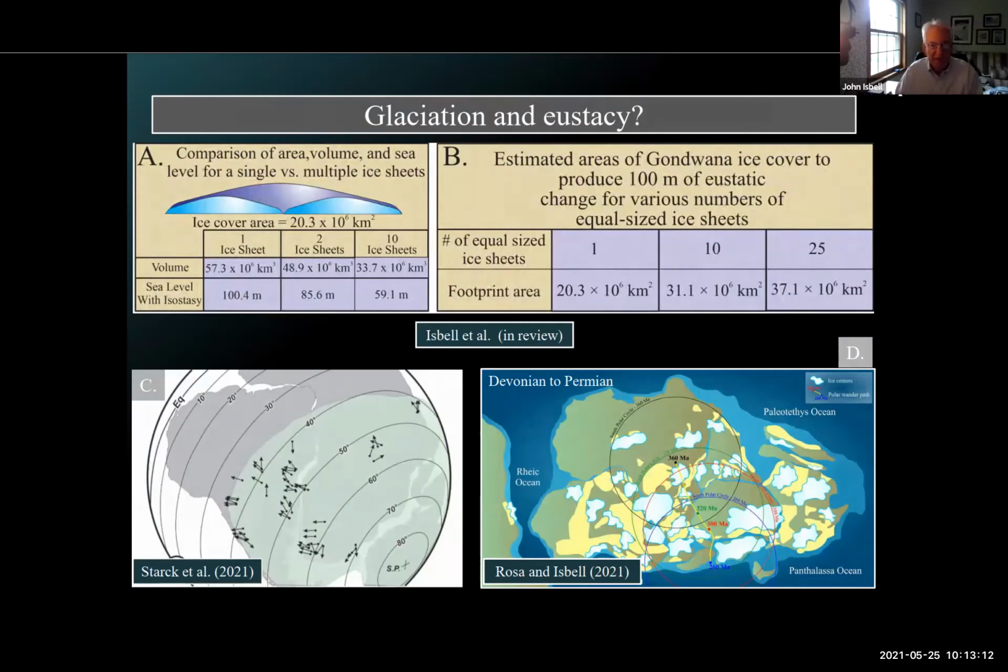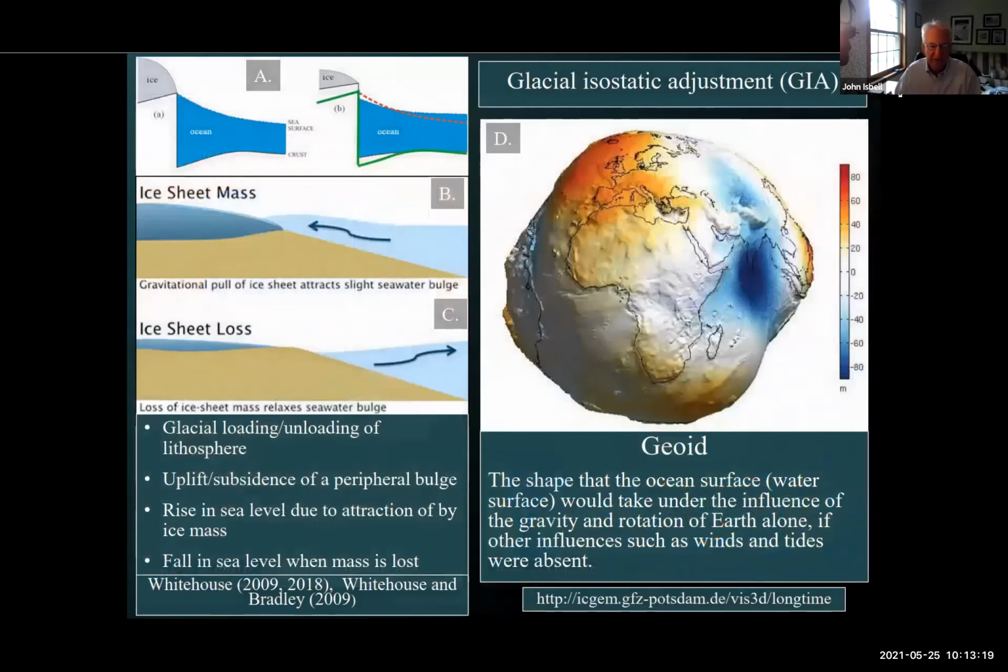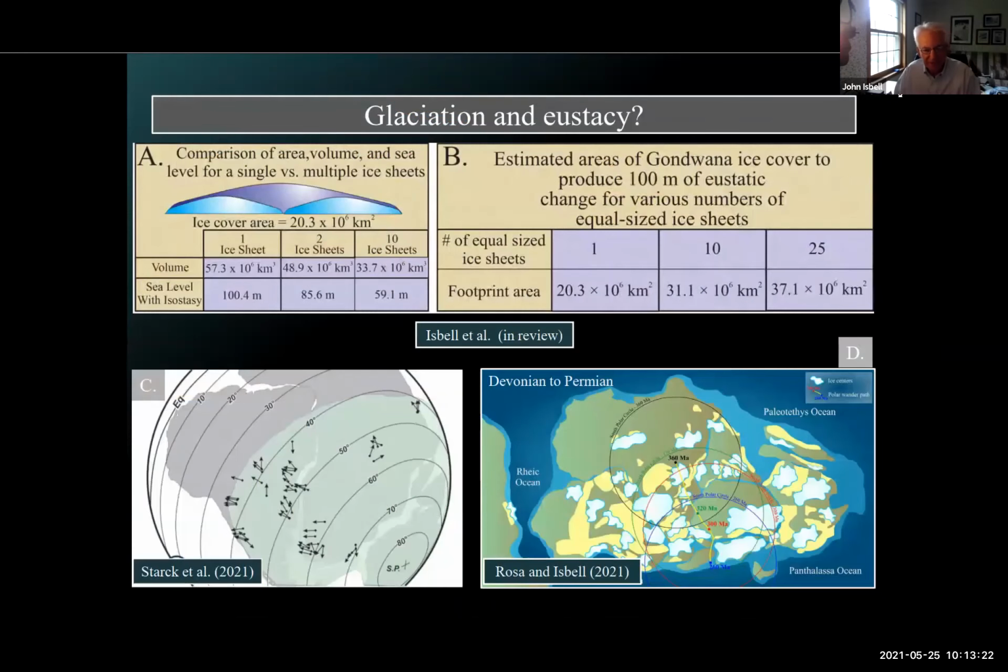So in B here, if we want to produce a 100-meter change in eustatic sea level, a single ice sheet needs a footprint area of 20.3 times 10 to the 6 kilometers squared. 10 ice sheets, 31.1. 25 ice sheets, and we're almost double the land area covered, at 37.1 times 10 to the 6 kilometers squared. So to produce a 100-meter change in sea level with multiple ice sheets, we need a huge area of Gondwana to be covered. Next.